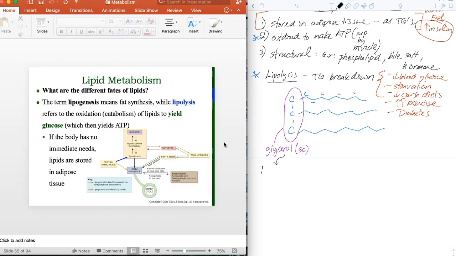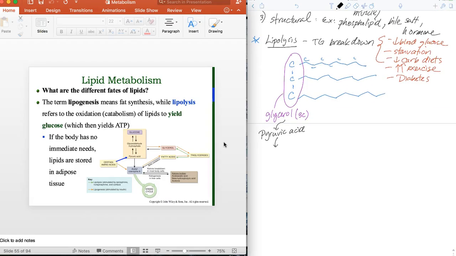It was pyruvate or pyruvic acid. That can get converted into acetyl, attach a CoA to that, and that can go into the Krebs cycle. This is again trying to illustrate that you can use fats as an energy source.